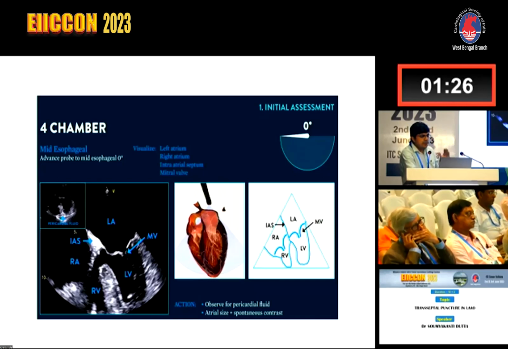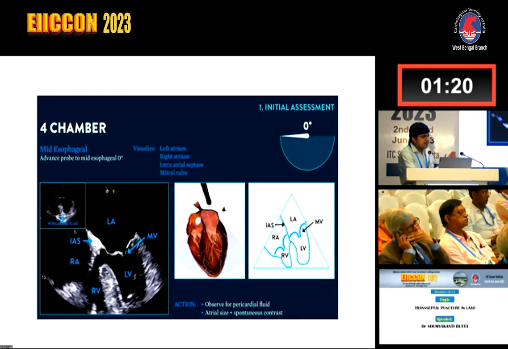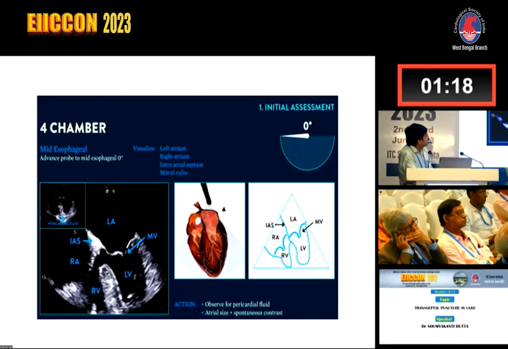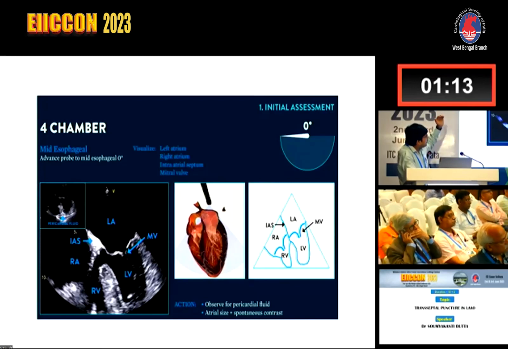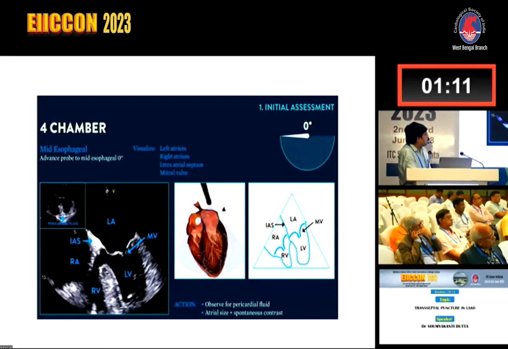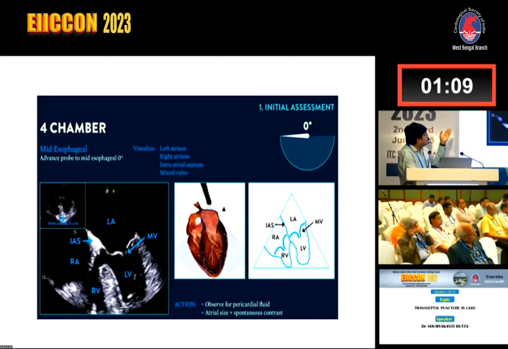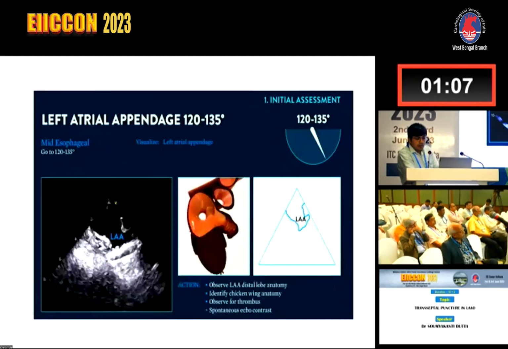So the absolute height where the interatrial septum is to be punctured is necessary, and it is to be done within 2 to 2.5 centimeter from the crux. If we puncture higher, we may not be comfortable reaching the left atrial appendage. If we do it lower, it may hinge in the other pulmonary veins also.